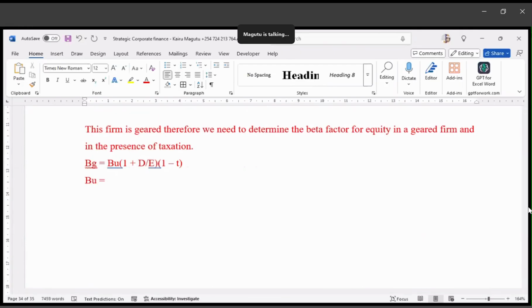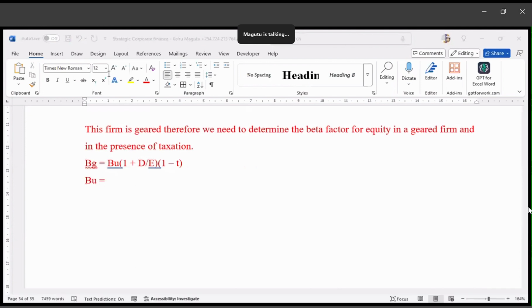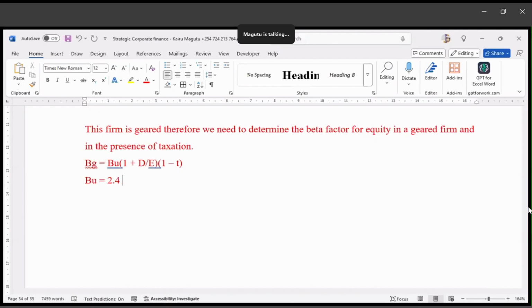The beta factor for equity in an ungeared farm, we may be having it in the question. Can we check from the question and see whether we had a beta factor somewhere? I don't know whether we computed or we are given. Beta for equity was 2.4.